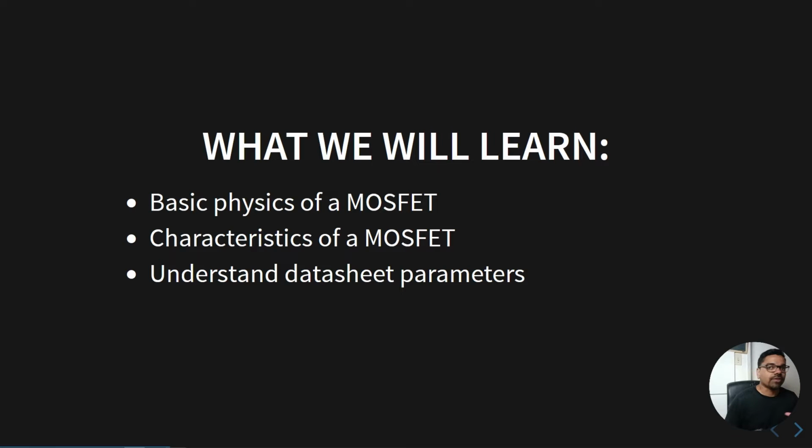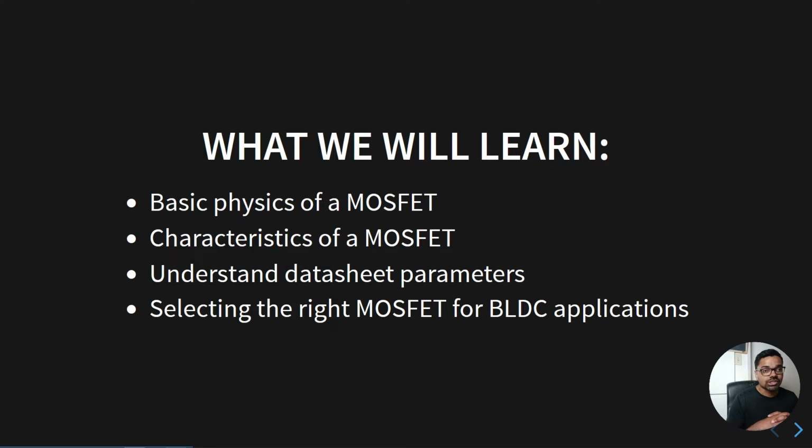How do you make sense of that? And lastly, we'll focus on how you can select the right MOSFET for the BLDC application. This is going to be a 2-3 part series of lectures, and it will talk about everything you need to know, for the most part, on how to select a MOSFET and use it for your application, specifically for brushless DC motors.